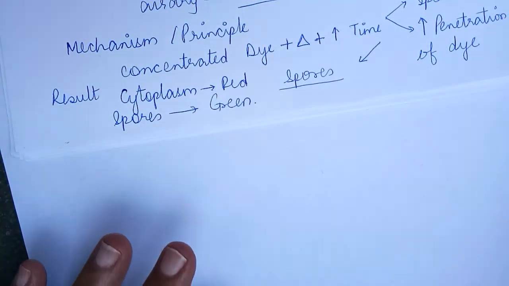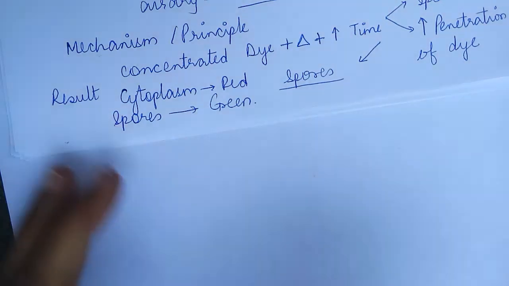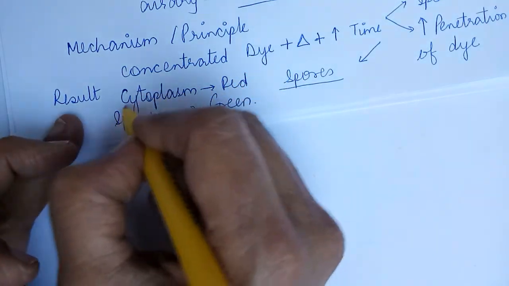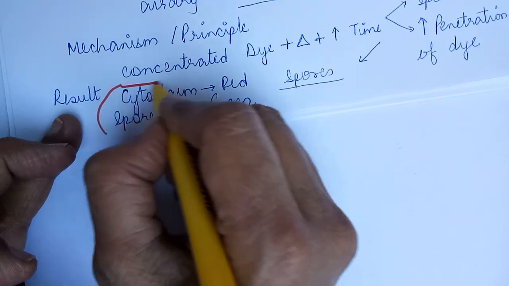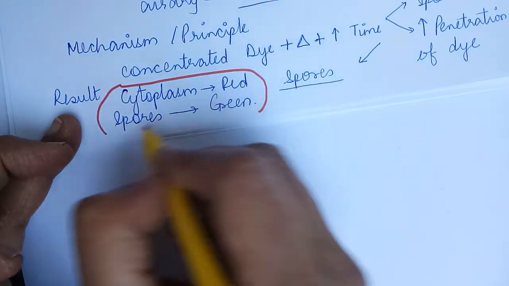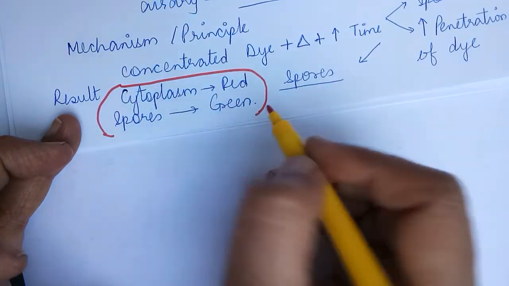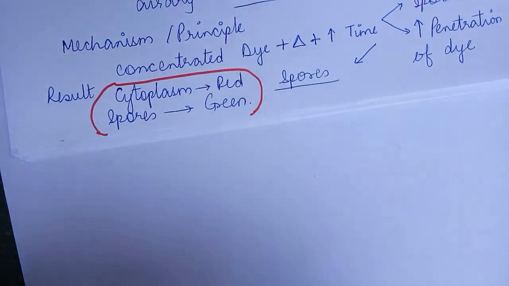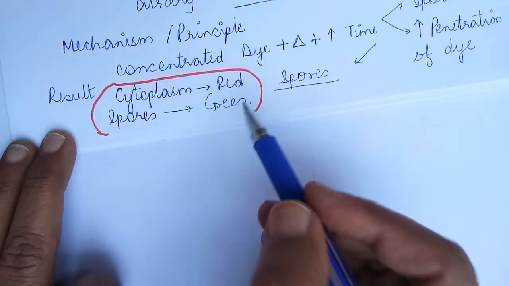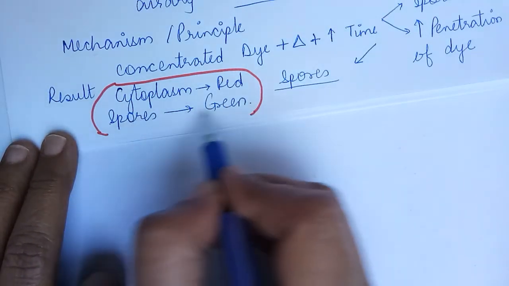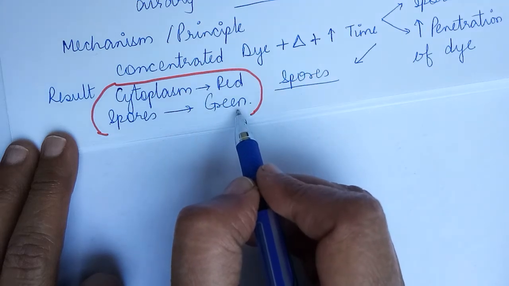This is very important to remember for spore staining. The vegetative or cytoplasmic portion of the cell will be red and the spores will be seen green.